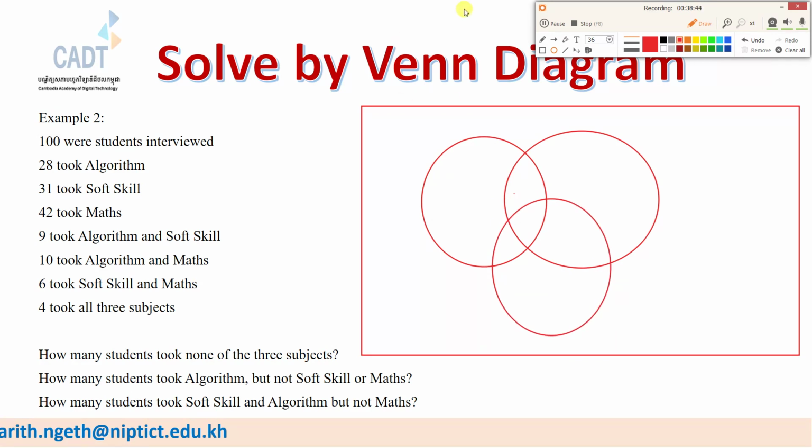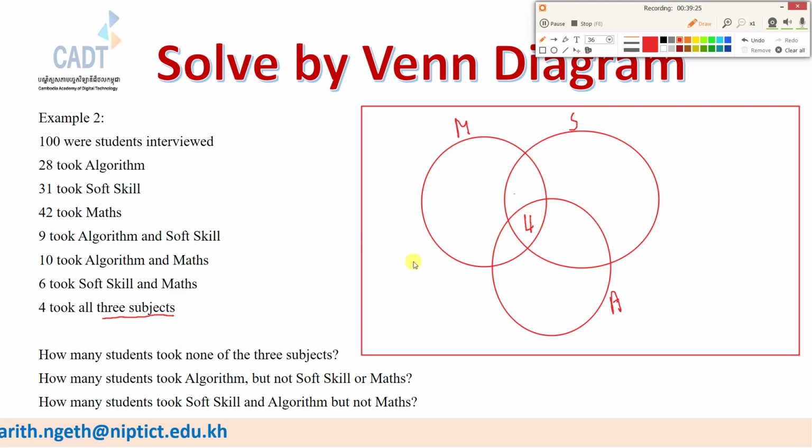So if I write, this one is math. This one is soft skill, and this one is algorithm. So first we could not write about algorithm or soft skill or math or algorithm soft skill, algorithm math, soft skill math. We should start from this first. 3 subjects is 4. So this is the 3 subjects in here. We have math, soft skill and algorithm here. 4.